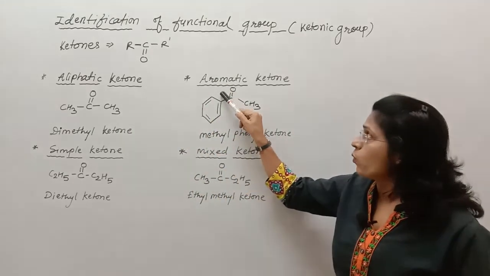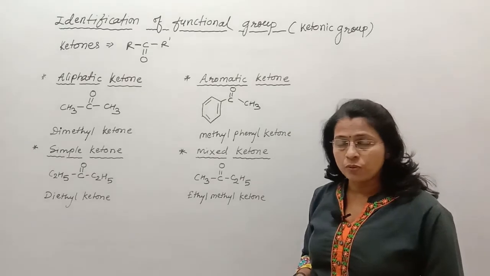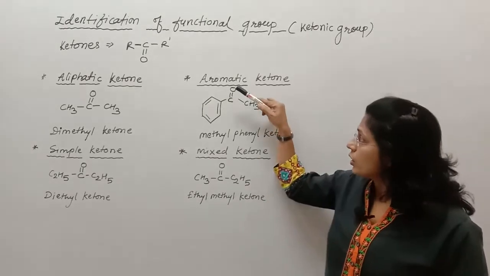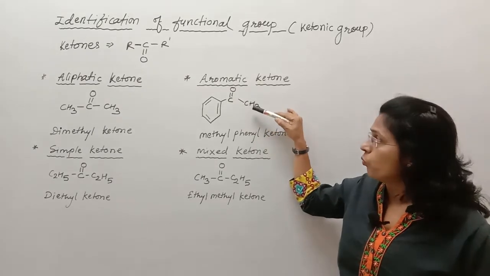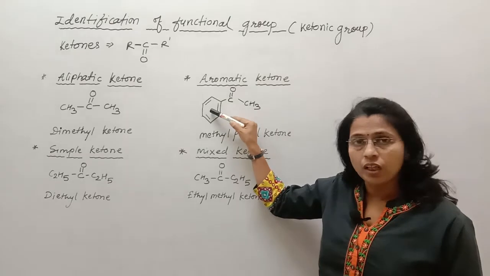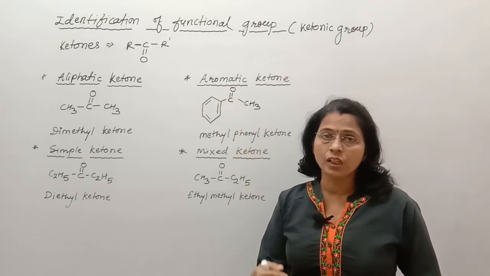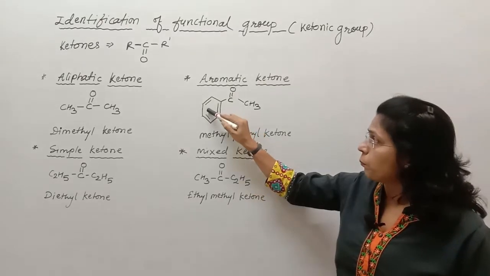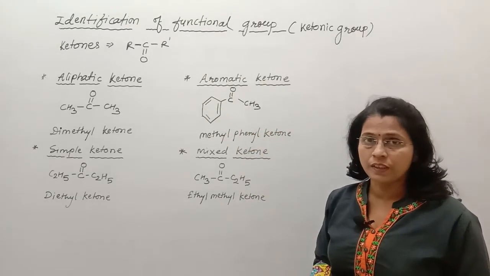While aromatic ketones are organic compounds in which the carbonyl group is attached to one alkyl group and one aryl group, or maybe both aryl groups. That is, on both sides there may be an aromatic ring.